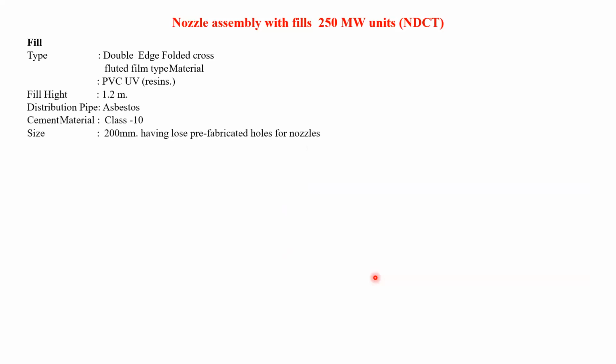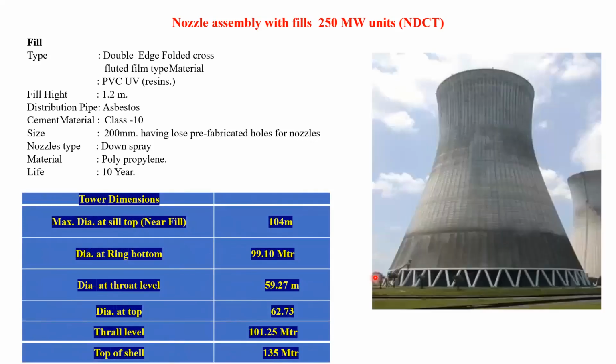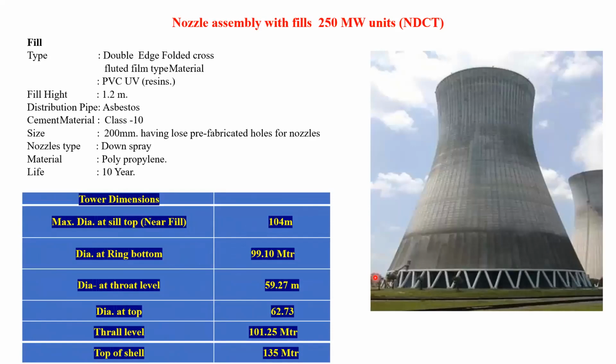Fill type, now this is the practical approach, where in the 250 megawatt plant it is double-edge porcelain cross-fluted film type material. It is PVC, also called UV resistant. Fill height is 1.2 meter. Distribution pipe is asbestos or cement material, class 10, size 200 mm, having loose prefabricated holes for nozzles.